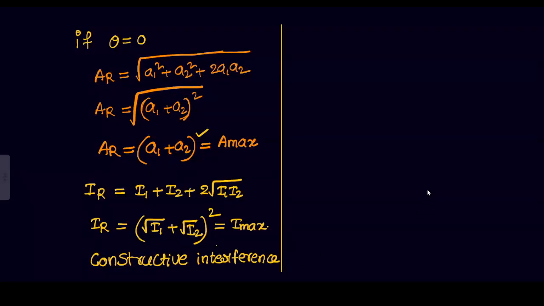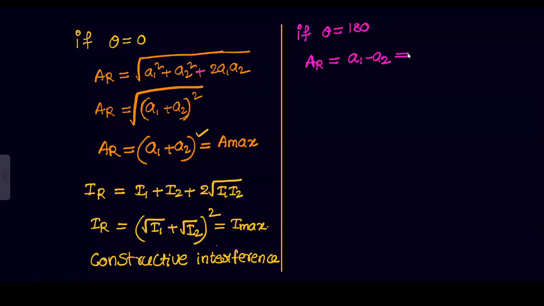Okay. Next, if theta equals, let us say, 180 degrees, cos 180 value is how much? -1. So as a result, in the resultant intensity a minus will come here, then it will be A minus B. That means A1 minus A2 will come.